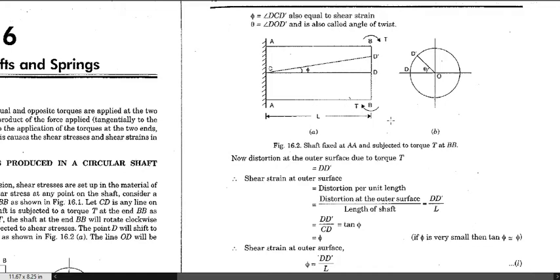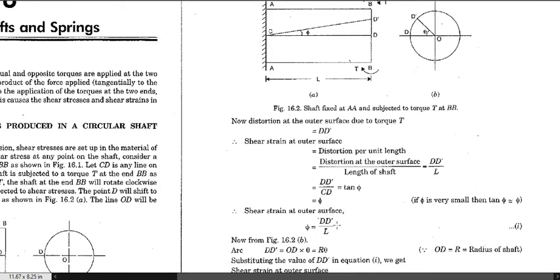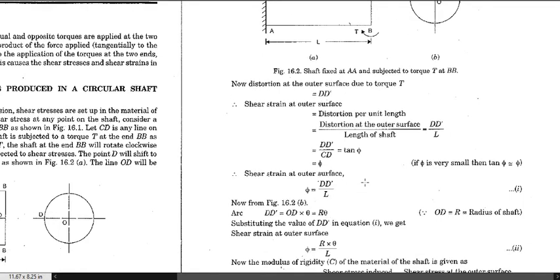So the shear strain at the outer fiber, which is the distortion at the outer surface, is dd dash over the length L, which is dd dash over CD. This is basically tan phi, that is perpendicular over base, so the shear strain at the outer surface equals phi equals dd dash over L, because CD is equal to L here.